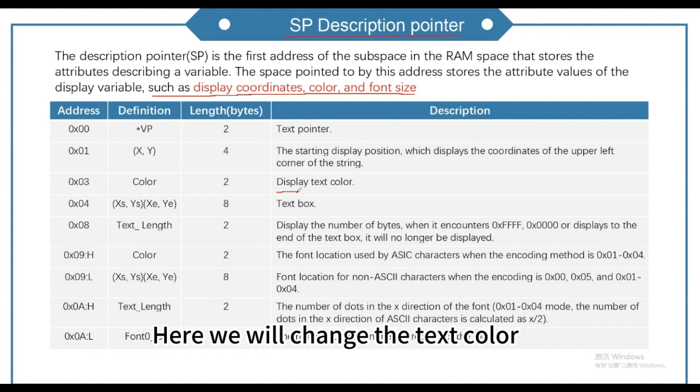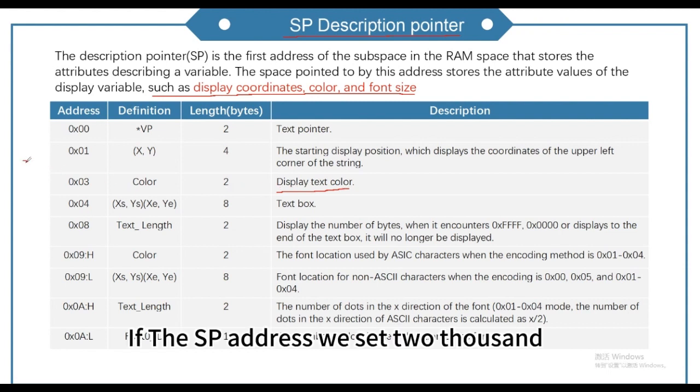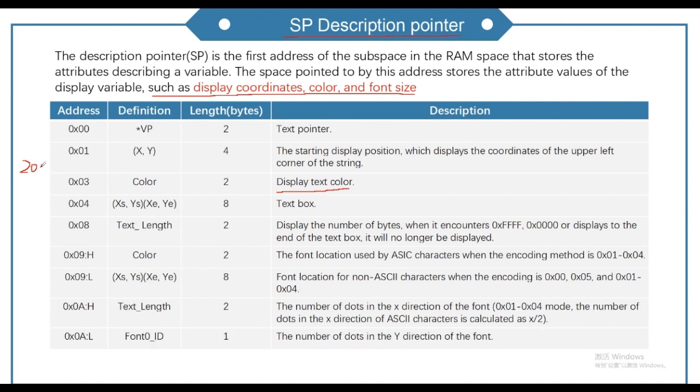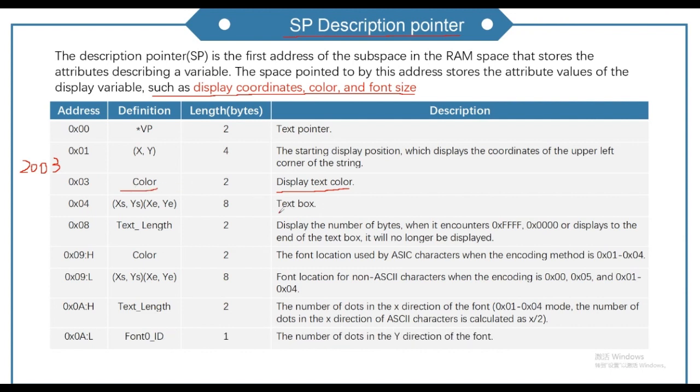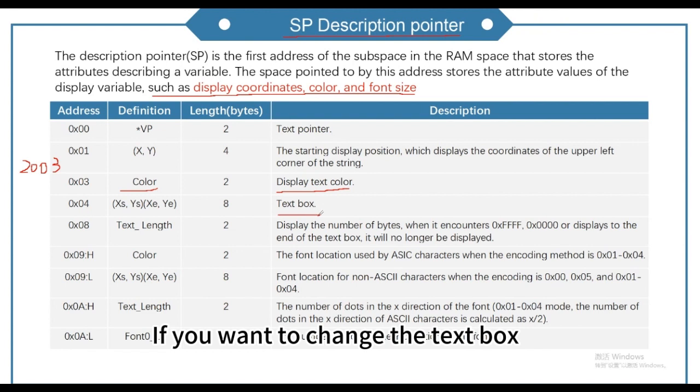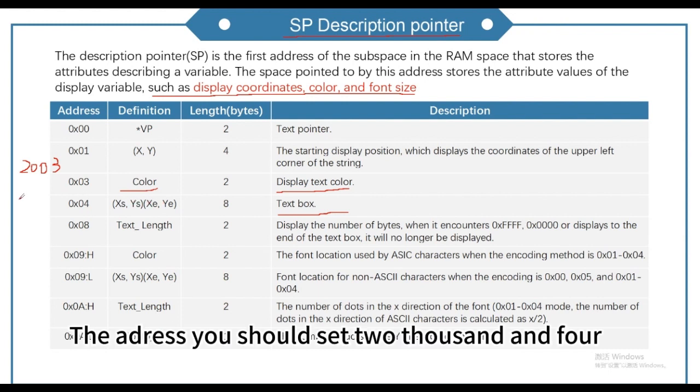Here we will change the text color. If the SP address we set is 2000, the address should add 3. If you want to change the text box, the address you should set is 2004.